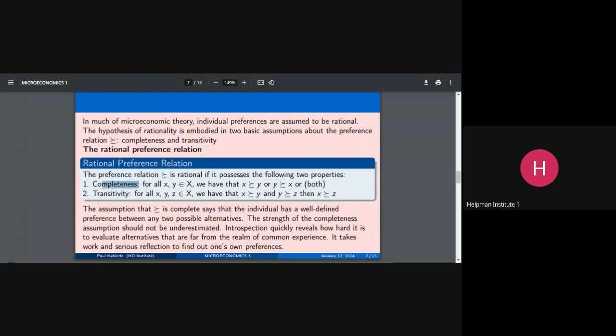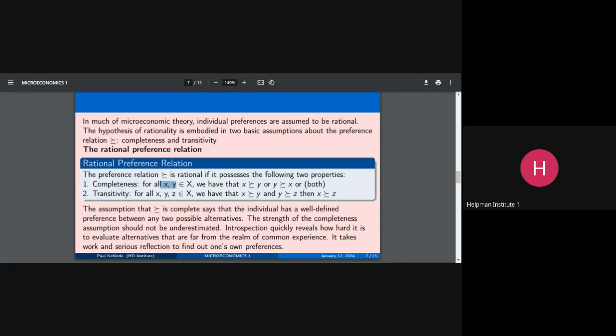rational. For every complete preference, it means we are taking the relation between two items from a particular set. That set must contain two items for us to check completeness. From a particular set, we're only picking two items.